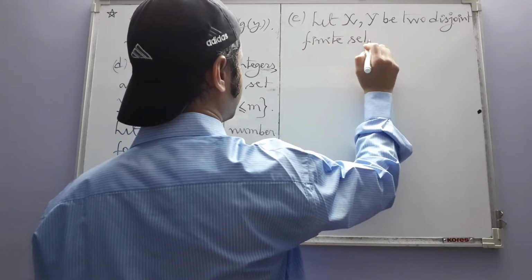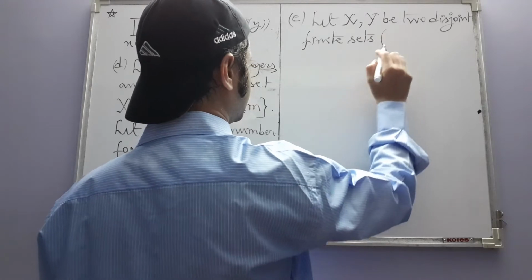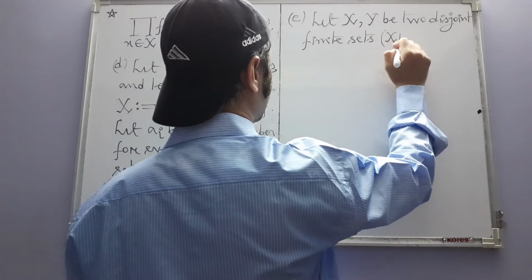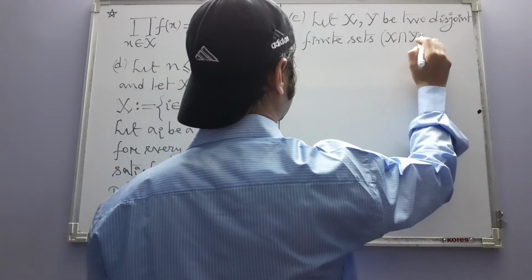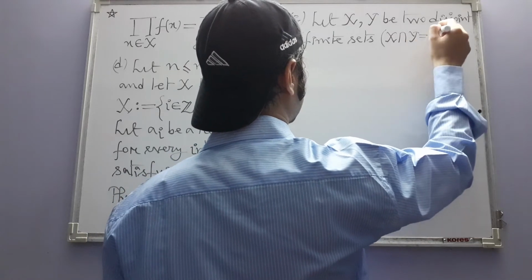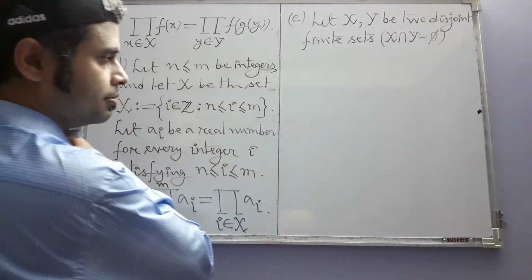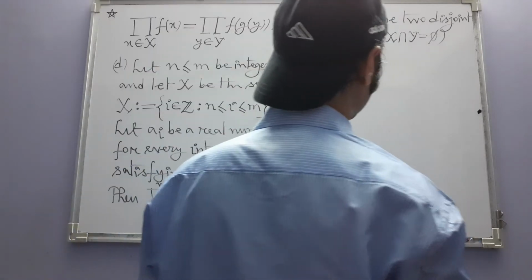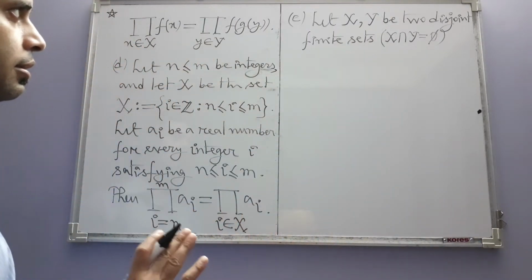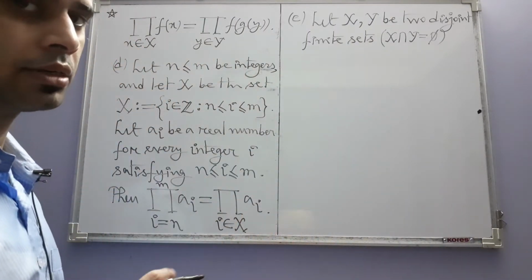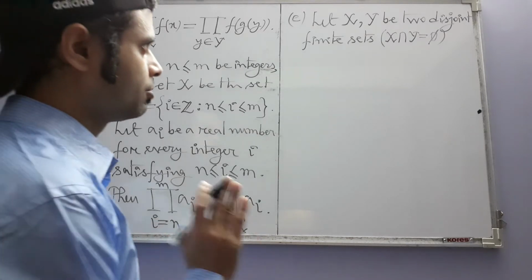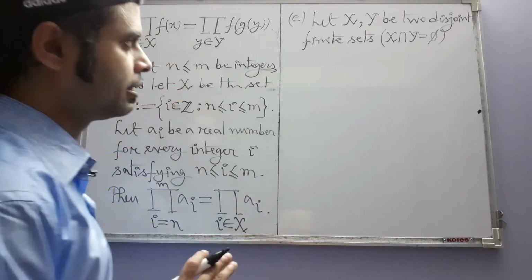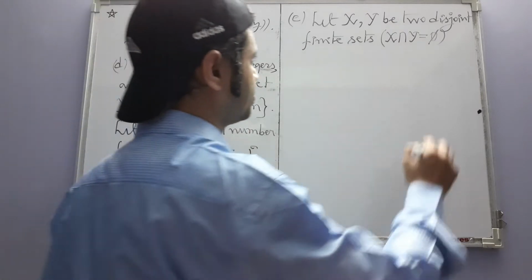Both of them are finite sets and they are disjoint. There is no element in common, or in other words, their intersection is empty. Note that we are not saying anything like they have the same number of elements, nothing like that. Only thing is that they are both finite and they are disjoint.